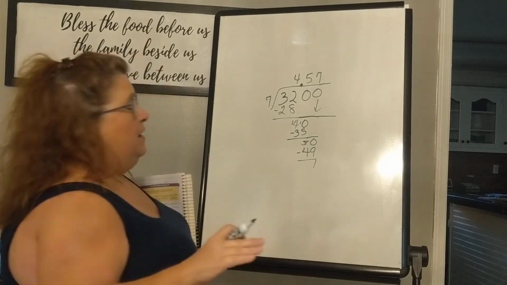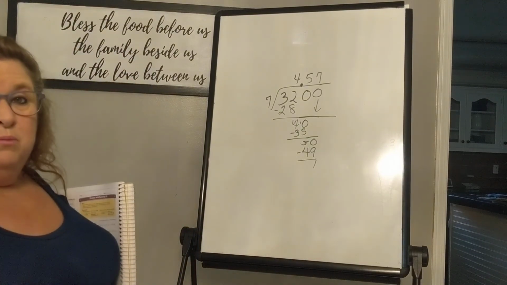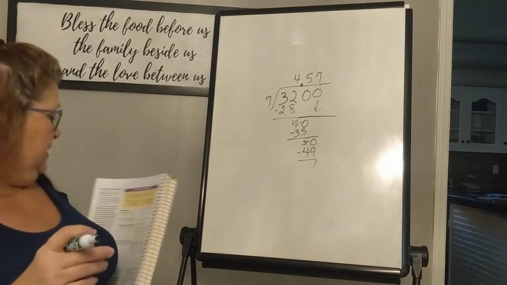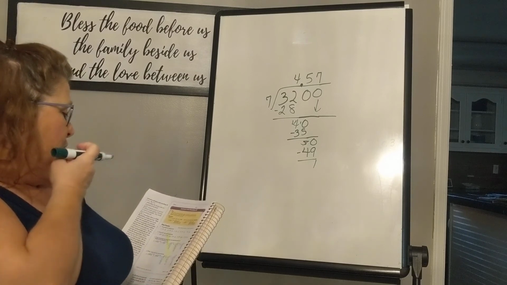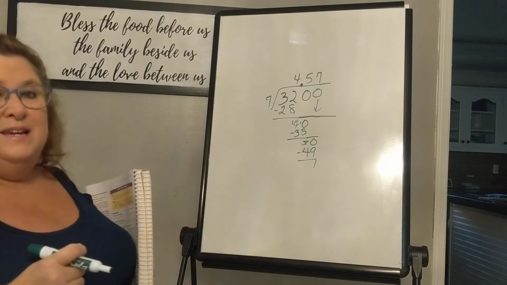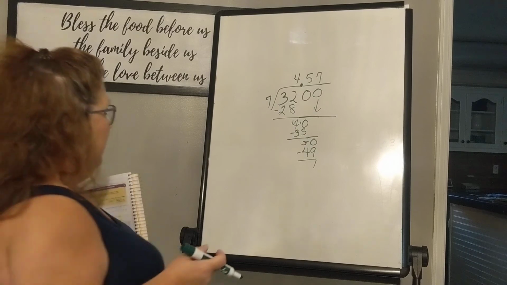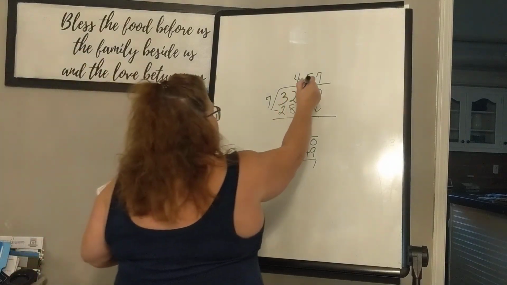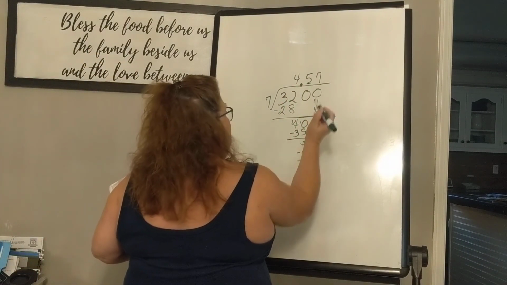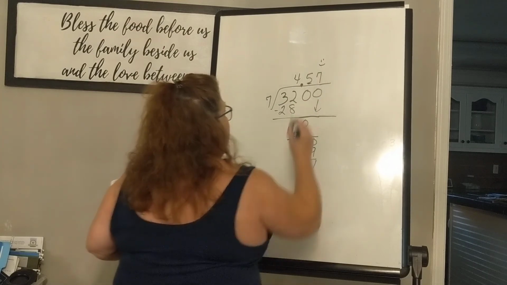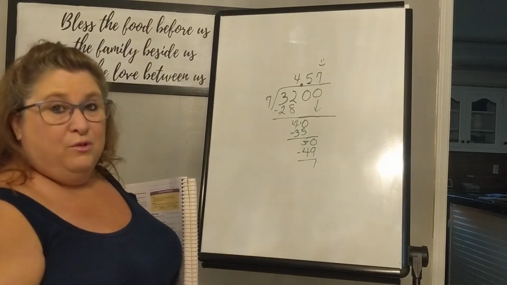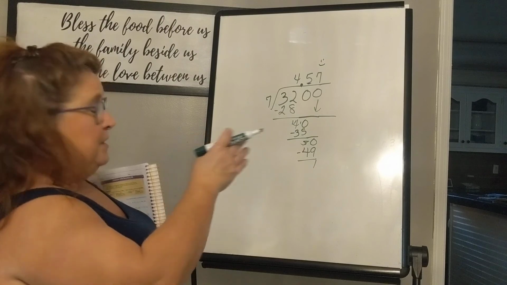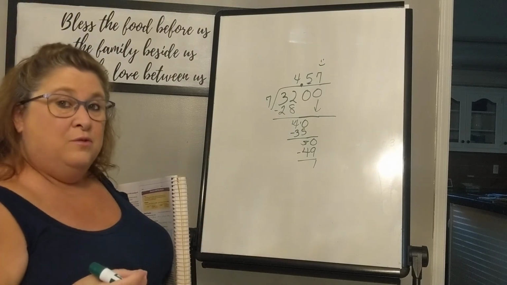Now, I can keep annexing zeros until I come up with an answer. But my directions told me to find the quotient to the nearest tenth. So if I'm finding a quotient to the nearest tenth, my looker digit is going to be in the hundredths place. So that really is all the farther that I need to annex my zeros, out to the hundredths place.